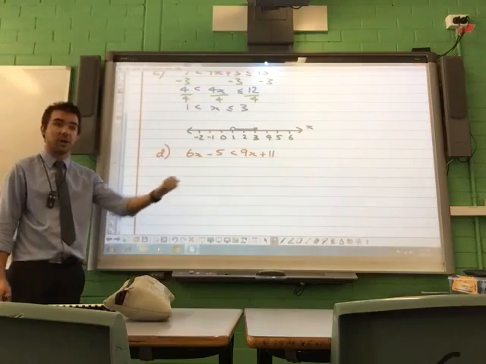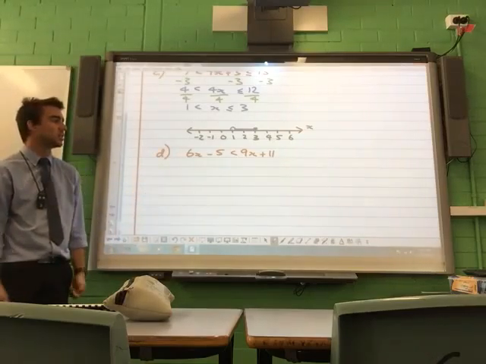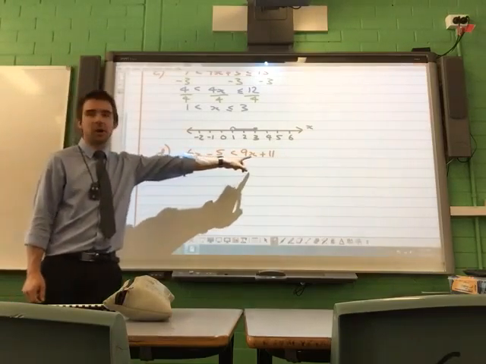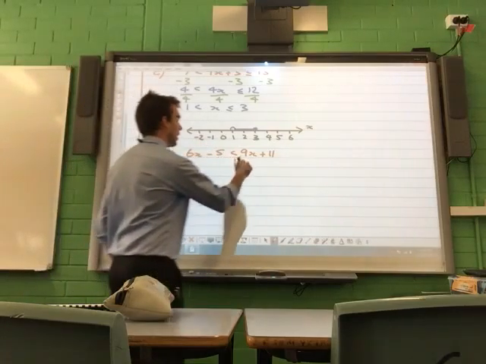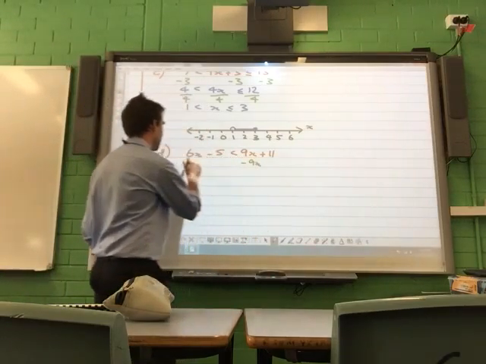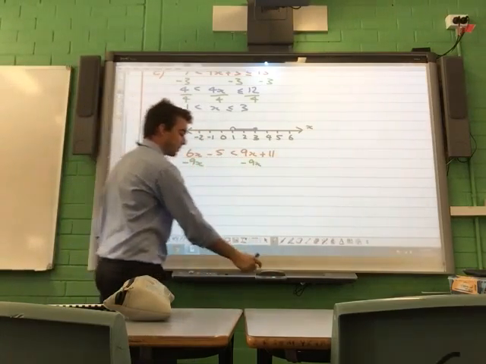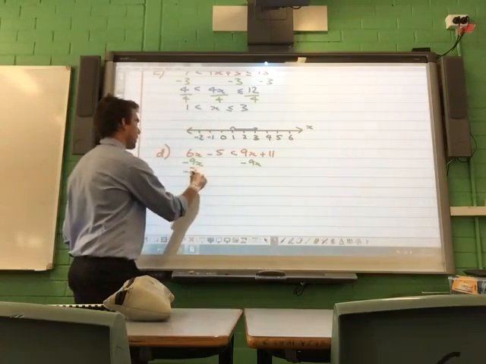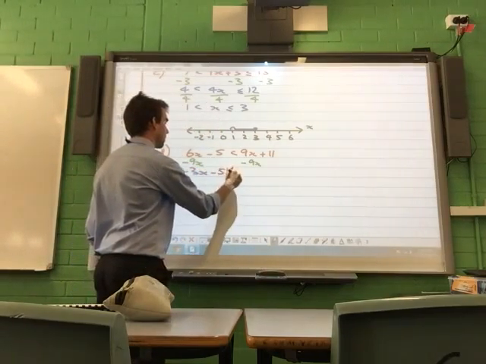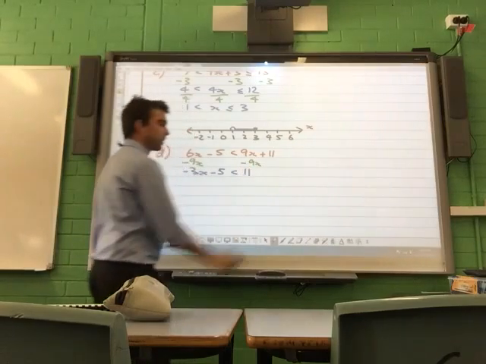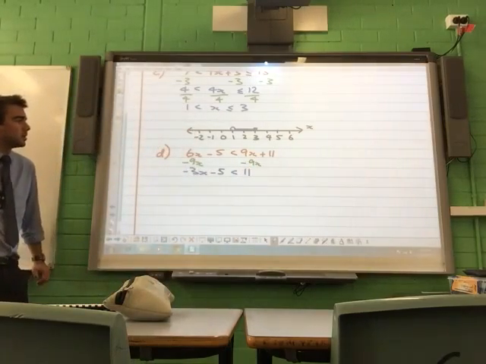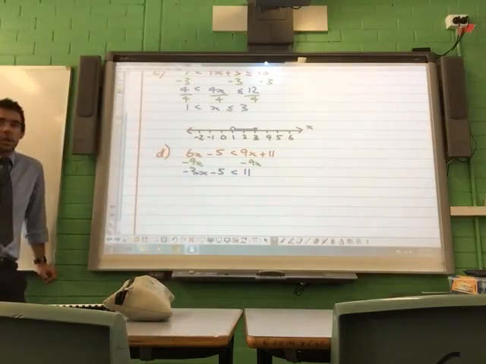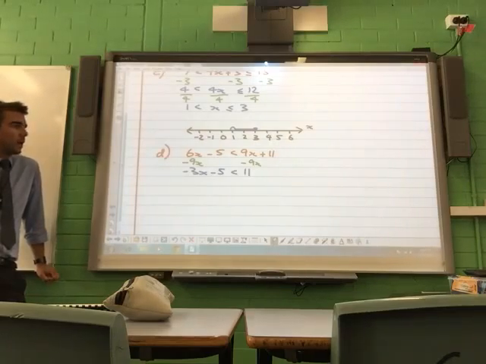Alright, so we've got variables on both sides. Step number 1, get the variable on the right over to the left, so that on the right hand side there are no variable terms.